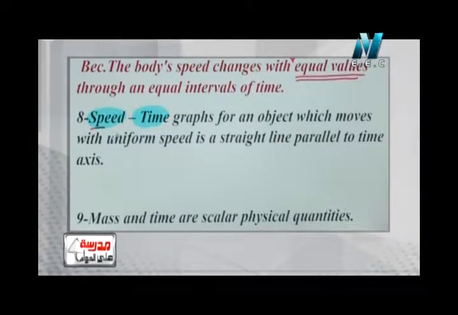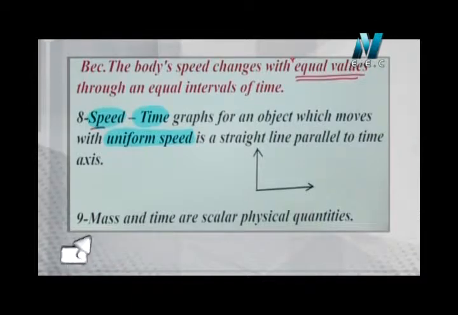Why do we talk about uniform speed and speed time? We can answer in more than one way. The question means that the graph of speed time is a straight line parallel to the time axis.